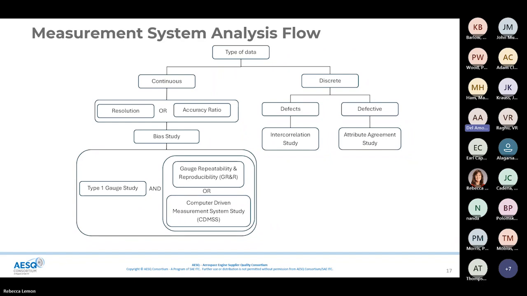If it's not computer generated, then you follow the other side, where you'll do a resolution and accuracy ratio, a bias study, and then a stability study, or you would do the Gage R&R, or you would select the computer-driven measurement system study. So on the continuous side, you will do the resolution, accuracy ratio, and bias study, and then you will go to the computer-driven measurement system if you have to. Next slide, please.